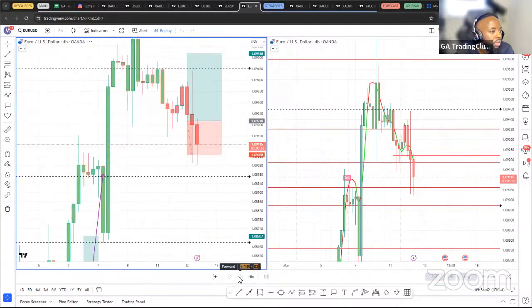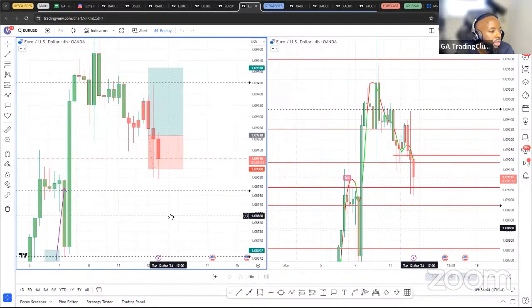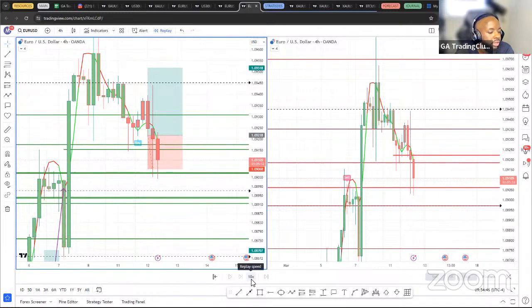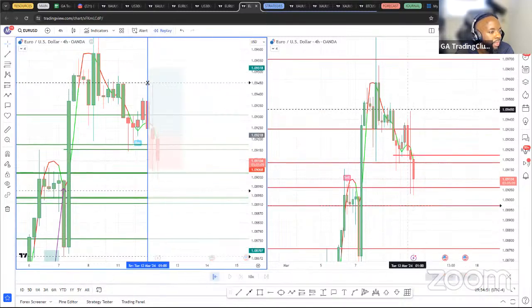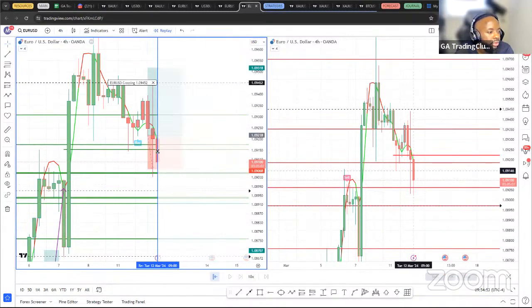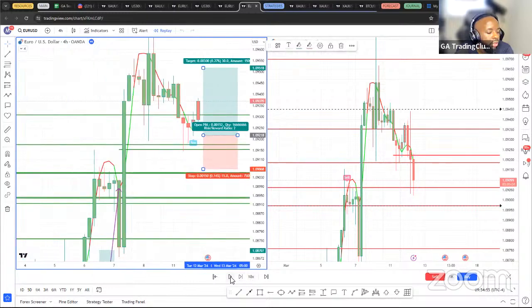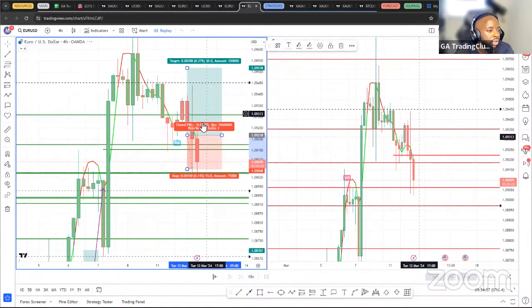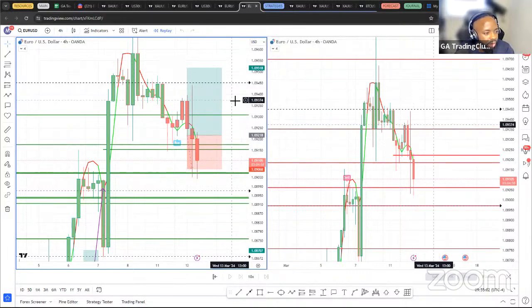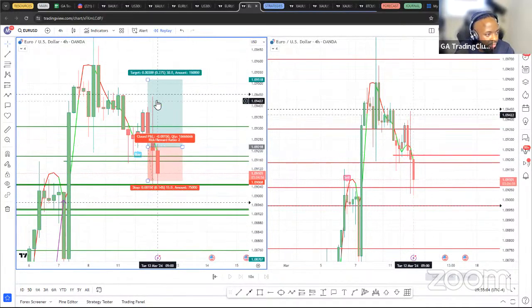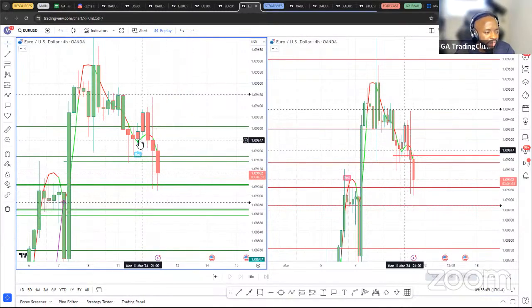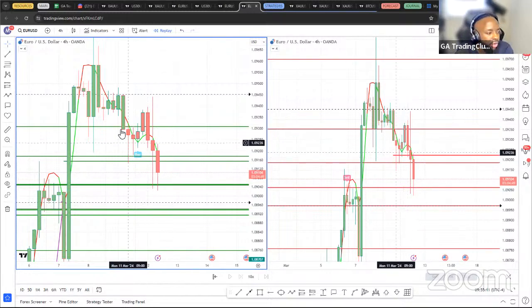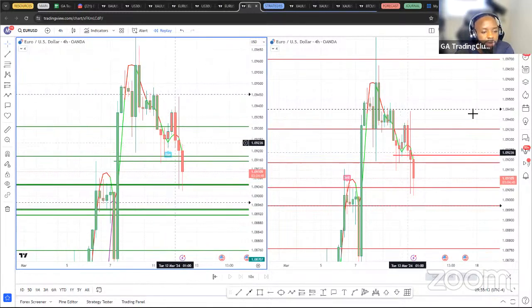I think it went up first. But anyway, this trade would either have been stop loss or break even. But if this candle went up first before coming back down, it would have been a break even trade. But again, this is before New York Open, so I wouldn't have taken that trade. But that was a valid momentum buy.